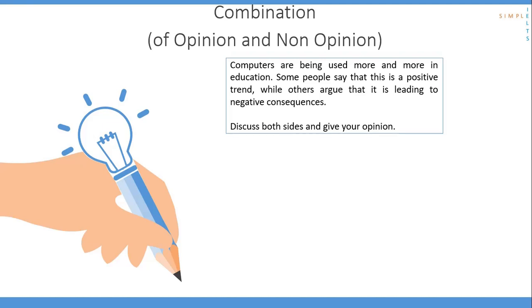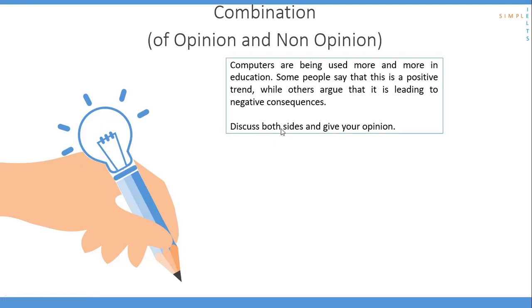Computers are being used more and more in education. Some people say that this is a positive trend, while others argue that it is leading to negative consequences. Discuss both sides and give your opinion. So essentially, it is comprising two of the previous types of essay, the non-opinion and opinion.